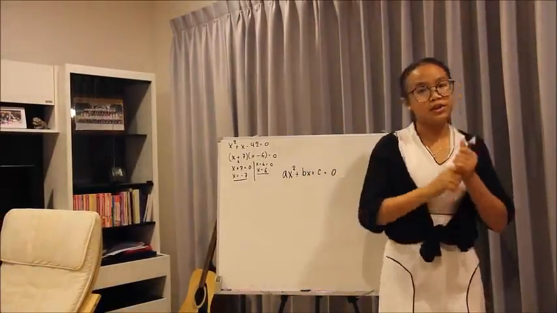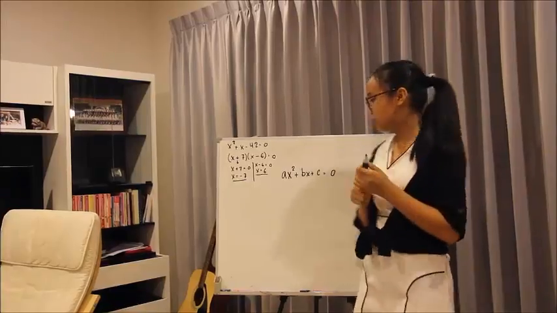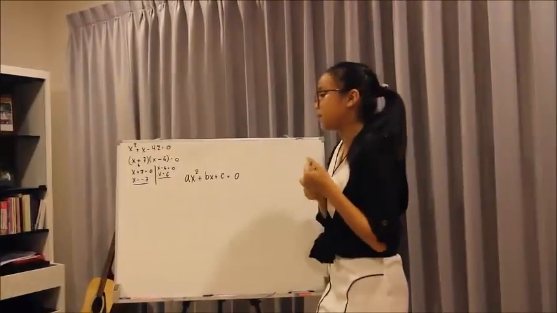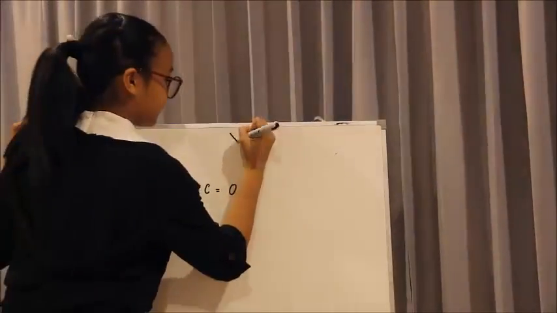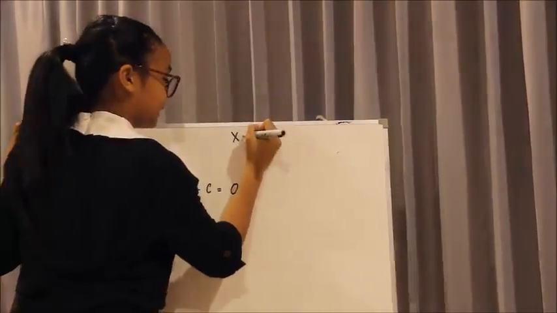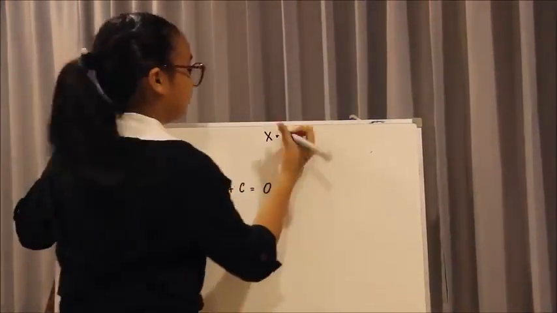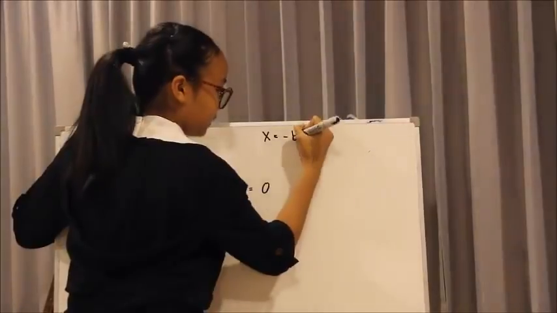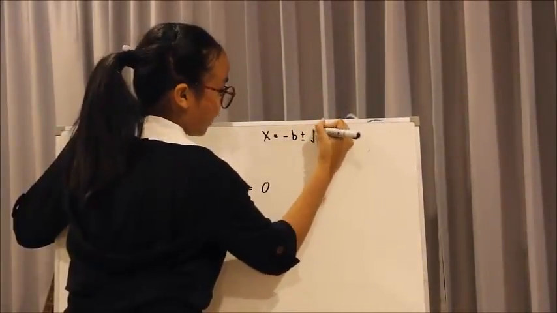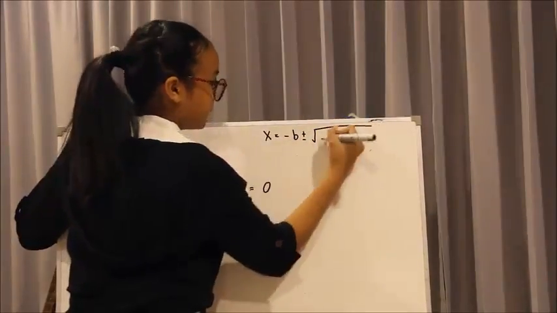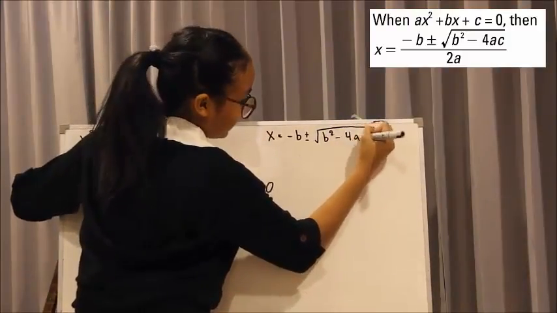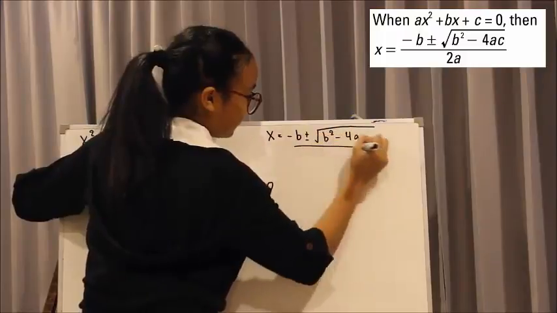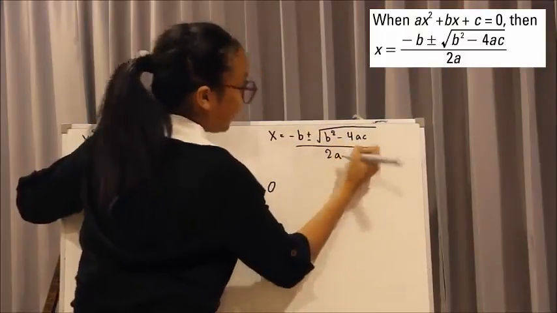Now I want to show you the second way, which is the quadratic formula, or solving a quadratic equation. What you want to remember is that x is equal to negative b plus or minus the square root of b squared minus 4ac, all divided by 2a.